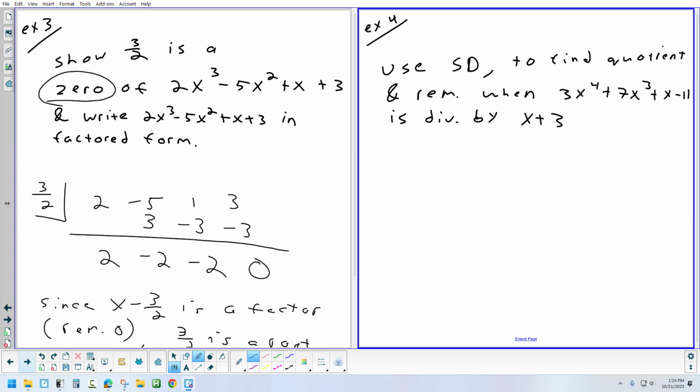Let's try another one. SD stands for synthetic division. Use synthetic division to find the quotient and the remainder when we do this problem. When we do synthetic division, what number would go on the outside of my bracket?